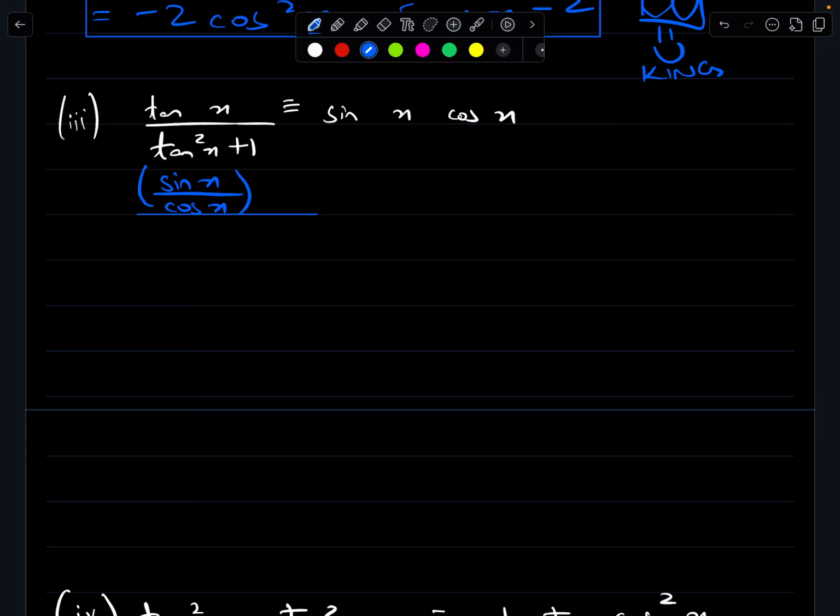This whole thing is this over, let's remove the brackets, they are not needed, sine square x over cos square x, since we have a square here, plus 1. Now we can write this as sine x over cos x for this part.